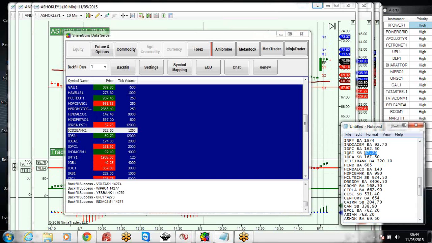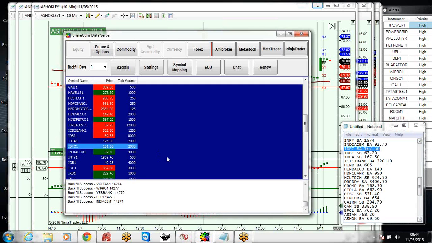So IDBI, let's check IDBI. 67.20 was a buy for us. Sorry, it's a sell call here. Maybe that wouldn't have got triggered. So IDFC is a buy above 162.50.